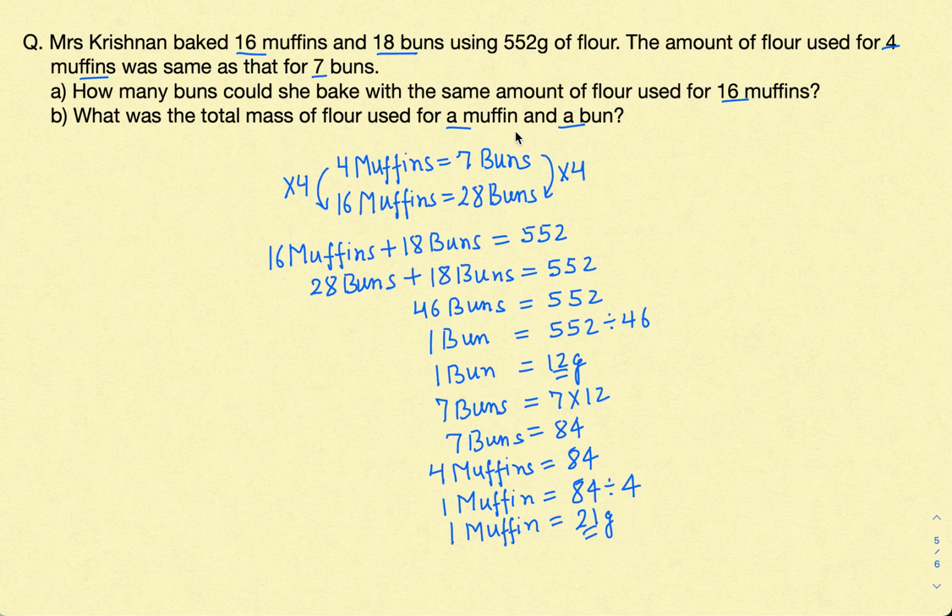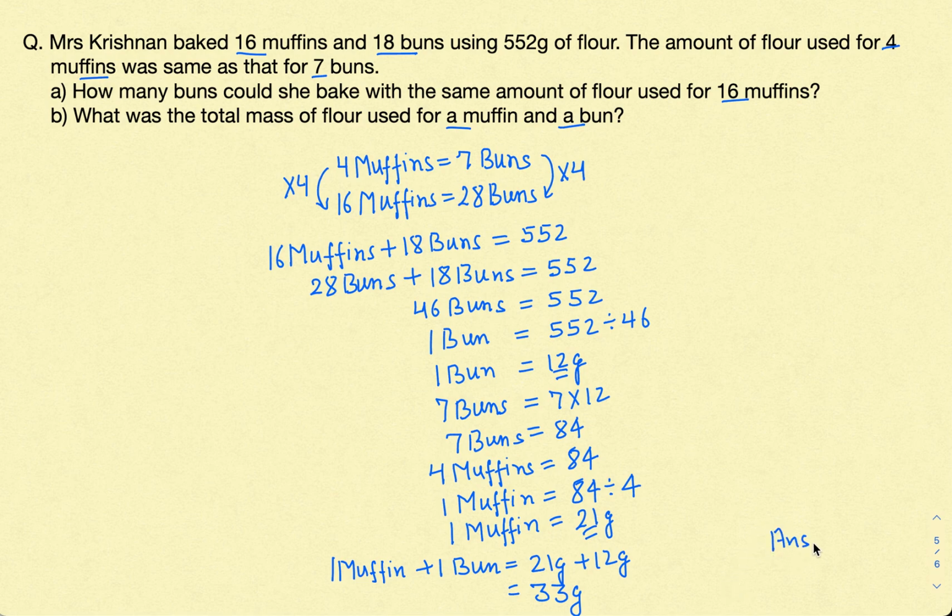So now we can add these two and find what is the total mass of flour required to make 1 muffin and 1 bun. So 1 muffin plus 1 bun, it's very straightforward. You can just add 21 grams plus 12 grams, 12 grams for 1 bun and 21 grams for 1 muffin. So that will give us 33 grams.